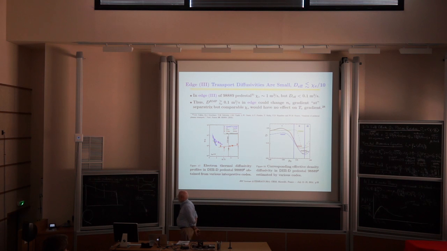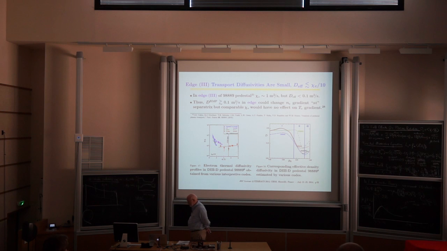Well, out here in this steep gradient region, and very, very close to the X point, the separatrix down there, it turns out we've kind of figured out that the effective diffusivity, D, is not 1 meter squared per second, which is what it tends to be in the core, but it's down to 0.02 meters squared per second, down a factor of 50. And here we get into real experimental empiricism. Why is that?